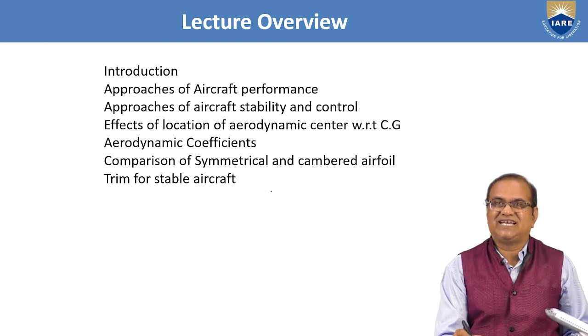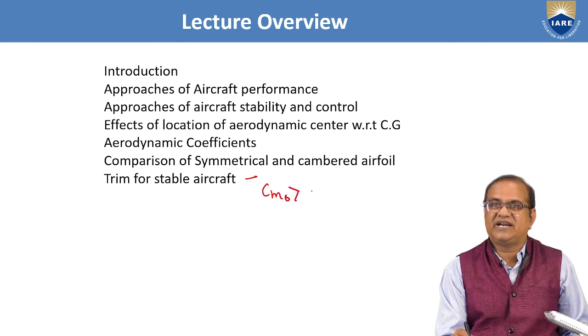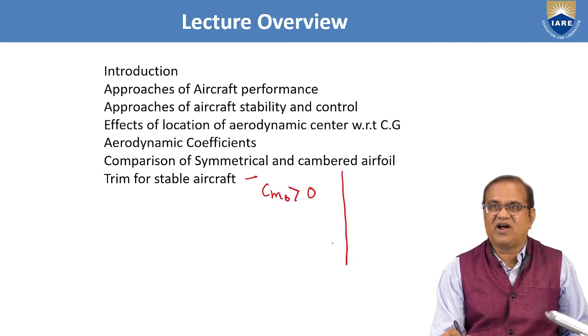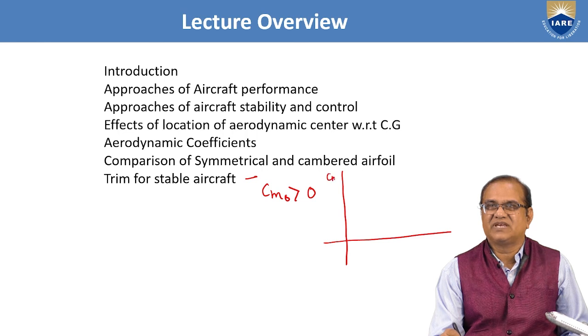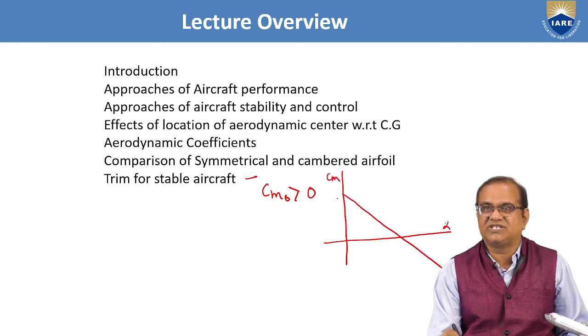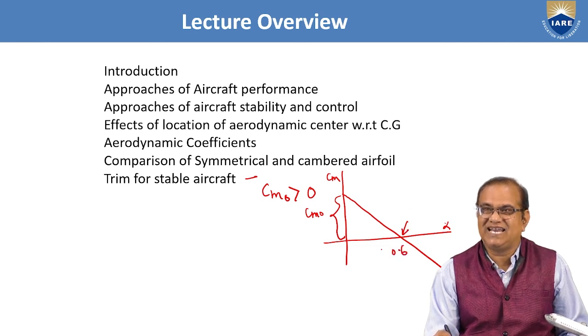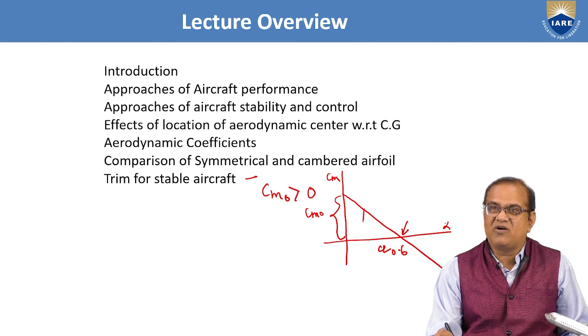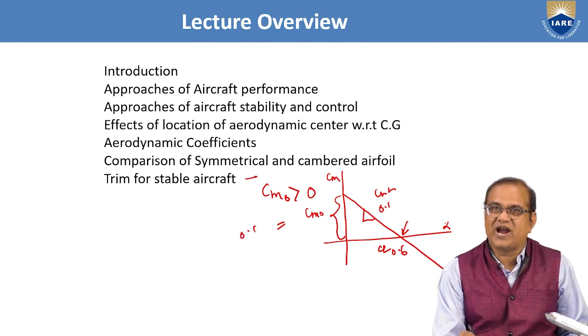So we can see here that for this trim, we should have Cm naught greater than 0. If I draw one plot again, Cm versus alpha, here it should intersect at positive Cm. This is called the Cm naught, and this is called the trim. So if this value is 0.6 Cl and the slope is 0.1 Cm alpha, then this into this will be 0.06.